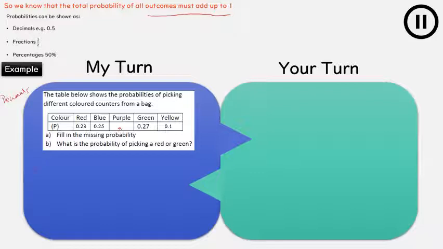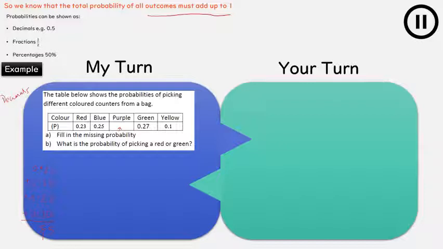Well, let's see what I've got so far. I'm going to do 0.23 plus 0.25 plus 0.27 plus 0.1. Just going to put a 0 there, remember, for adding decimals. So let's add them up. 3 plus 5 plus 7 is 15. 2 add 2 add 2 add 1 add 1 gives me 8.